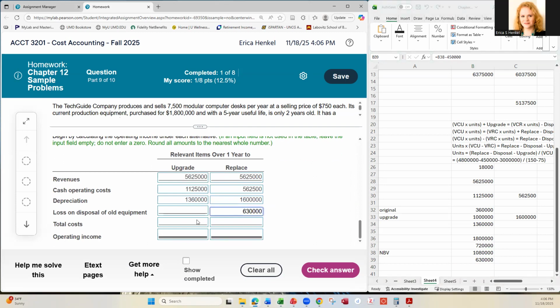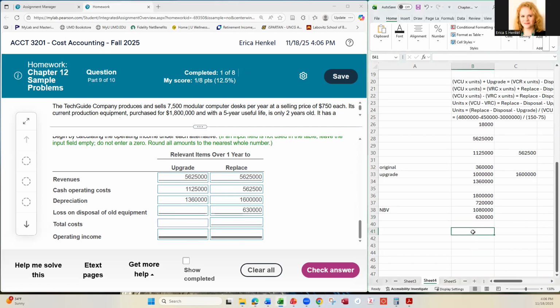All right, so total costs here, when we add these up, 1,125,000 plus 1,360,000 is 2,485,000.